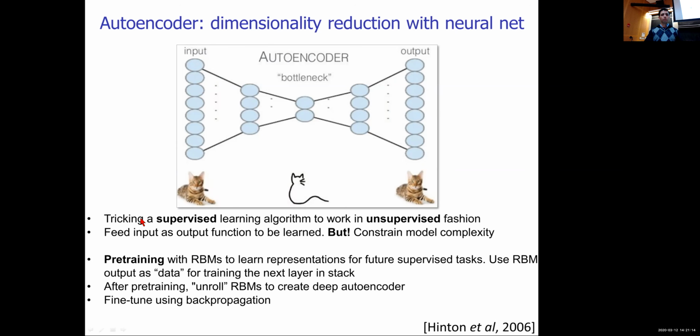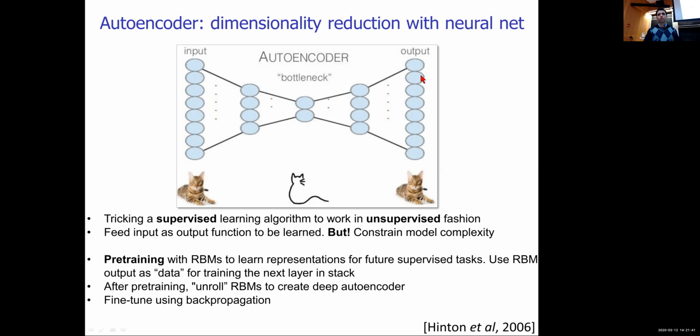Everybody with me? So basically, one way of using these deep neural networks that we've learned about is by copying the output to the input, but dramatically reducing the number of layers, which forces the algorithm to learn effectively representations in lower dimensions of this super high dimensional data.